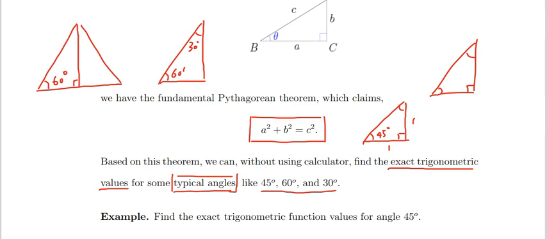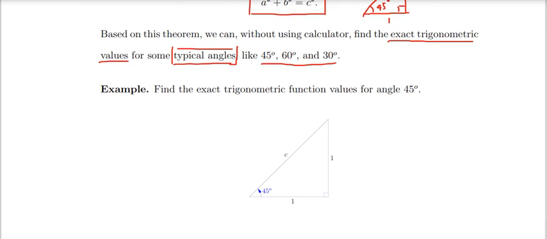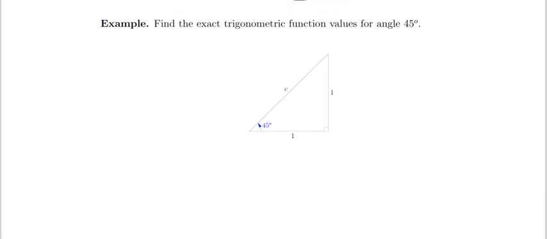So now let's check the 45 degree angle. If there's 45, then this side is 1, and the other side is also 1. We call these the legs of this large triangle, right?